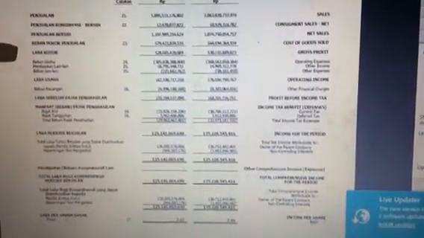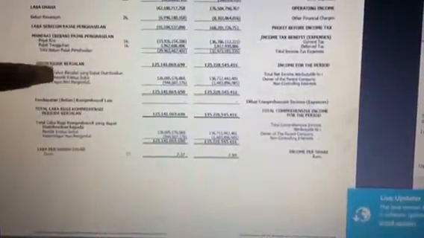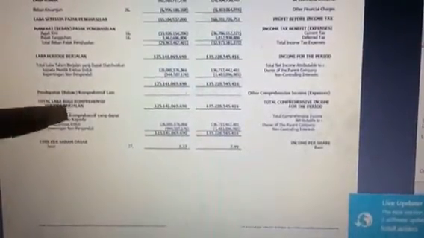Sales plus consumer sales become net sales, reduce cost of goods sold become gross profit, and reduce operating expense plus other income and reduce other expense will be operating income. Reduce other financial charge become profit before income tax, and reduce current tax and plus deferred tax will be total income tax expense.